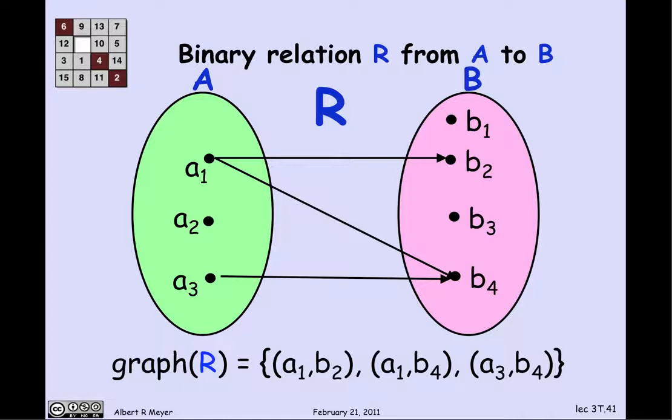Another arrow goes from A1 to B4, so you see the ordered pair A1, B4, and the final arrow is A3, B4, and you see that pair. So all the language about arrows is really talking about ordered pairs. It's just that the geometric image of these diagrams with their arrows makes a lot of properties much clearer.